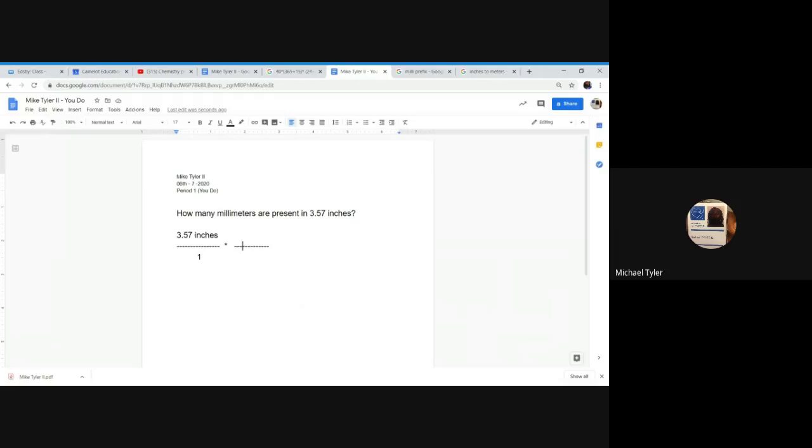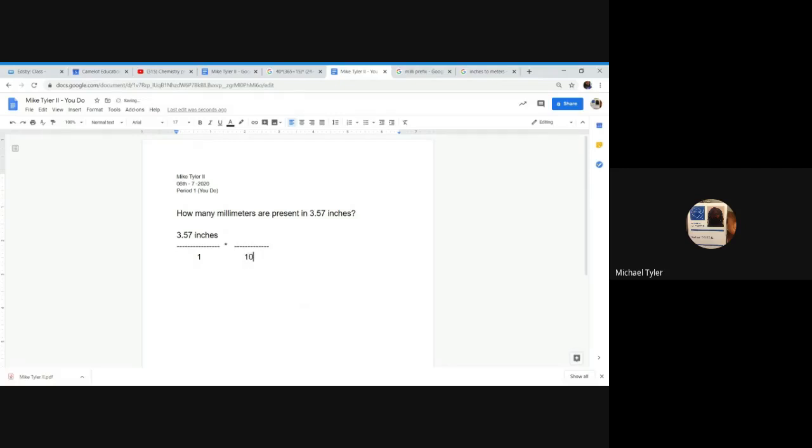So we're going to take a meter and cancel it out before we can get to inches. For a millimeter, look here at the bottom. We want to be left in the numerator with meters.